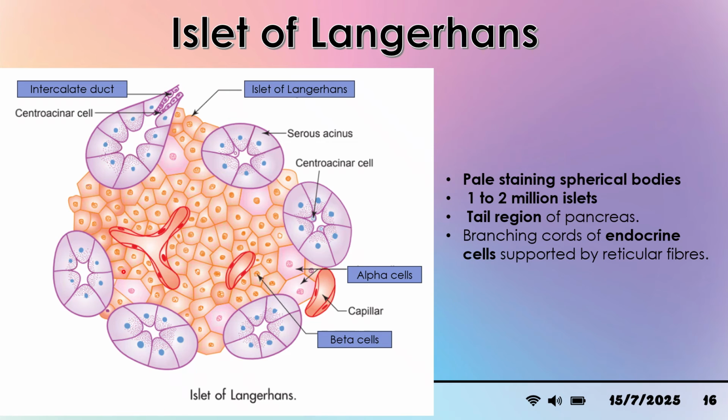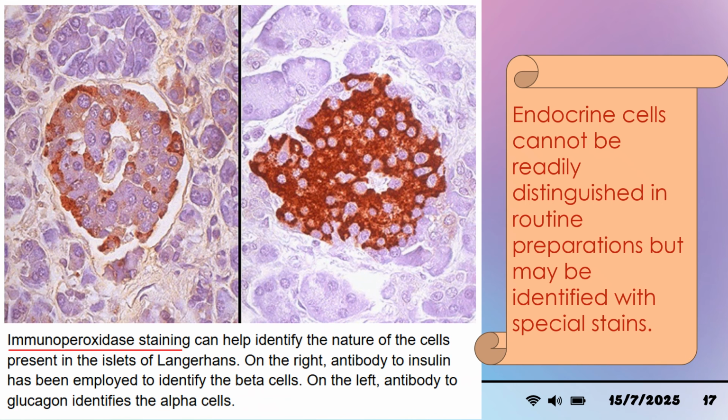They are pale stained spherical bodies. They are 1 to 2 million islets in number, and they are more present in the tail region. They have endocrine cells, that is alpha cells, beta cells, delta cells, and pancreatic polypeptide cells, supported by the reticular fibers. So next we come to the endocrine cells.